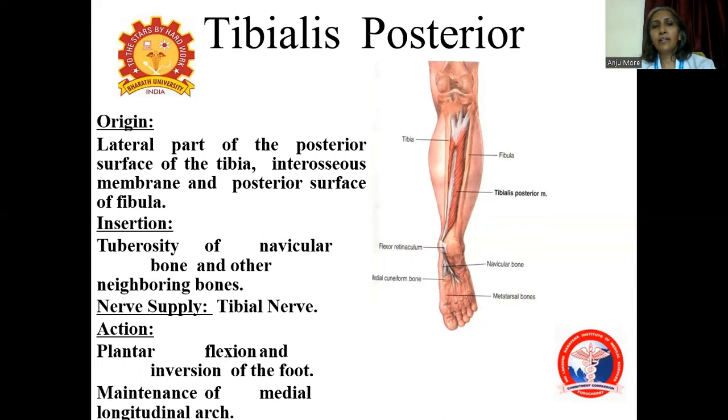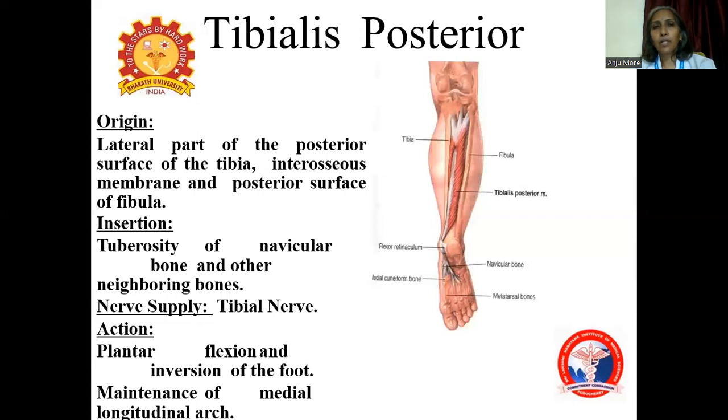It is inserted into the tuberosity of navicular bone and gives slips to the neighboring tarsal bones as well as bases of the second, third and fourth metatarsal bones. The action is plantar flexion and inversion of the foot.